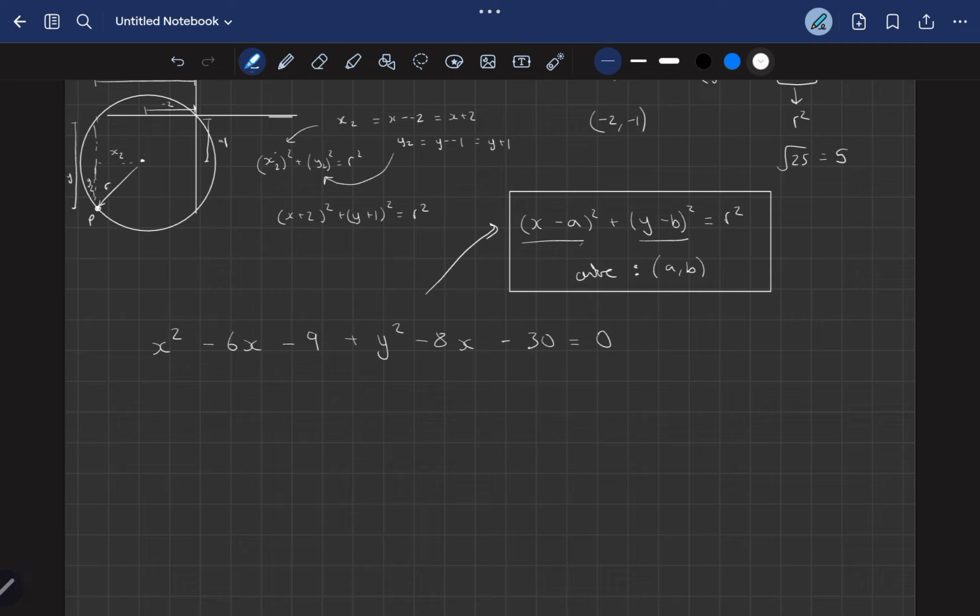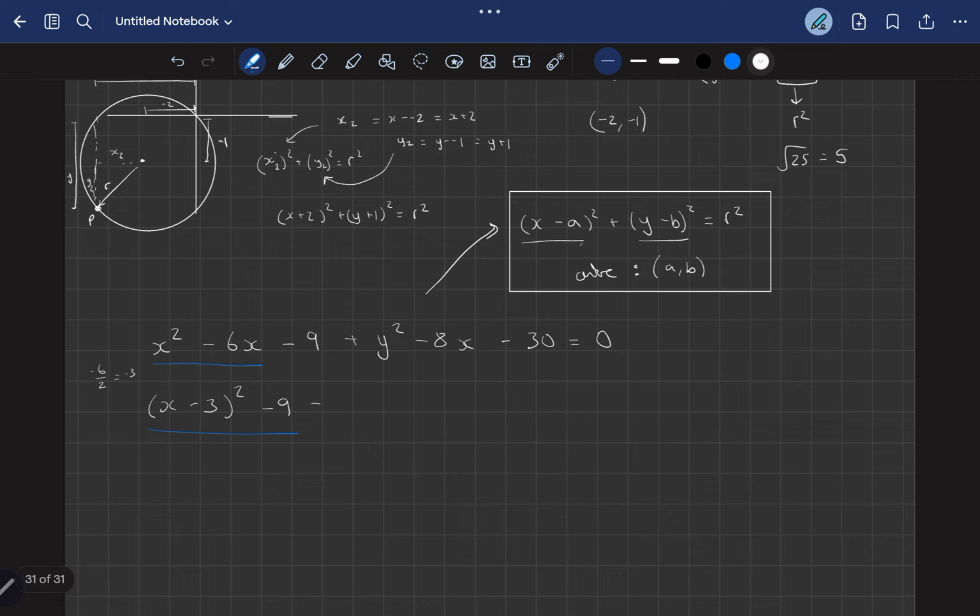So if I complete the square, I get negative 6 over 2, which is negative 3. So x minus 3 squared. Now I've got the x squared minus 6x, I've got the plus 9, I want to subtract the 9 in order to get this part. So this part equals this part.